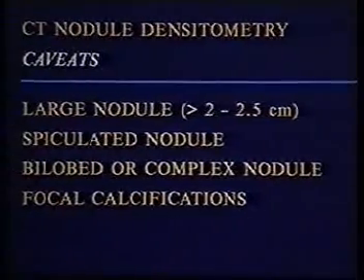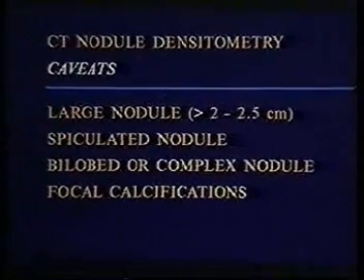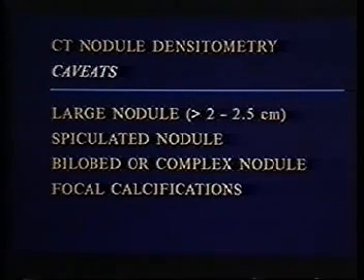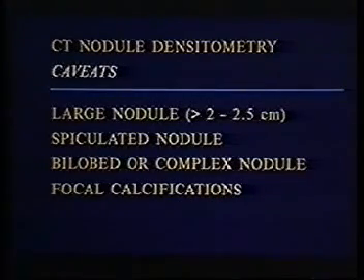Therefore, in performing CT nodule densitometry, there are several caveats that we need to consider carefully. First of all, a large nodule, one that's greater than 2 or 2.5 centimeters, generally should not be studied because of the high frequency of malignant lesions and the greater chance that you're going to call a calcified carcinoma benign in that group. Similarly, if the nodule is spiculated, don't try to use CT to diagnose calcification.